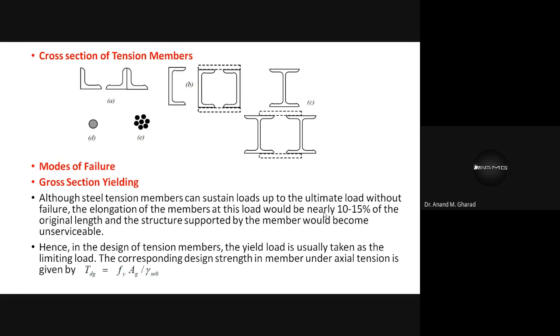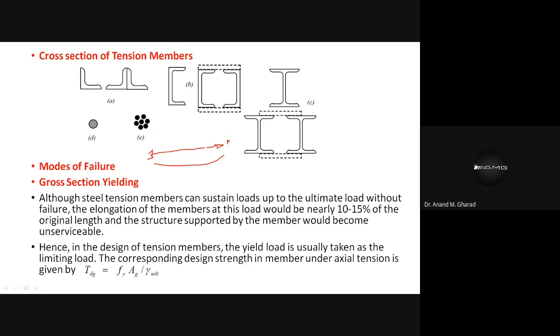Although there is no failure, by the presence of this elongation, it will be something like this. If the member is straight and some pull is applied, with this end fixed, let's say, this is an angle section, and with the help of this pull, this complete area will exhibit elongation, and that elongation may be something of this sort, right?